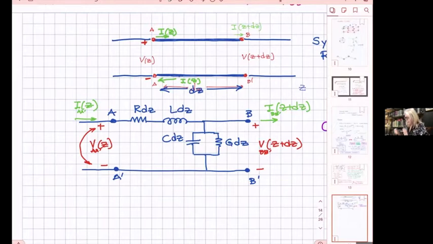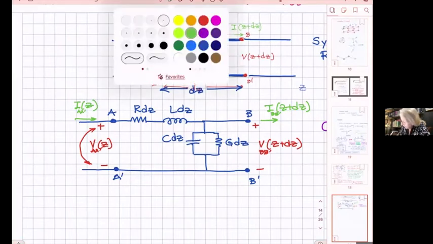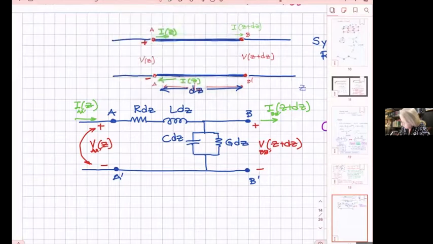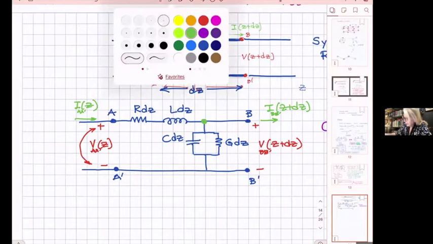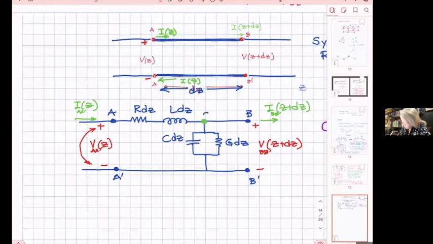All right, what are Kirchhoff's laws? First of all, we apply Kirchhoff's law here. One, that's point, say, C. This is point C prime.